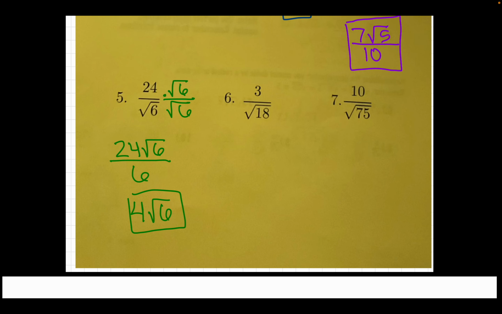Okay, next one. 18. So let's see, can we break apart 18? That can break apart into 3 over 9 square roots of 2, which becomes 3 square roots of 2.